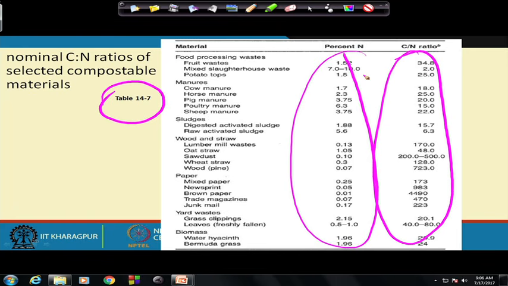If we know the C:N ratio and the percentage nitrogen, of course we can calculate carbon. So that just illustrates that the carbon nitrogen ratio, or C:N ratio, is available for many of the waste components, many of the components from the organic fraction of municipal solid waste. This data can be used for our math exercise, and we'll do that when we do some math associated with this chapter.